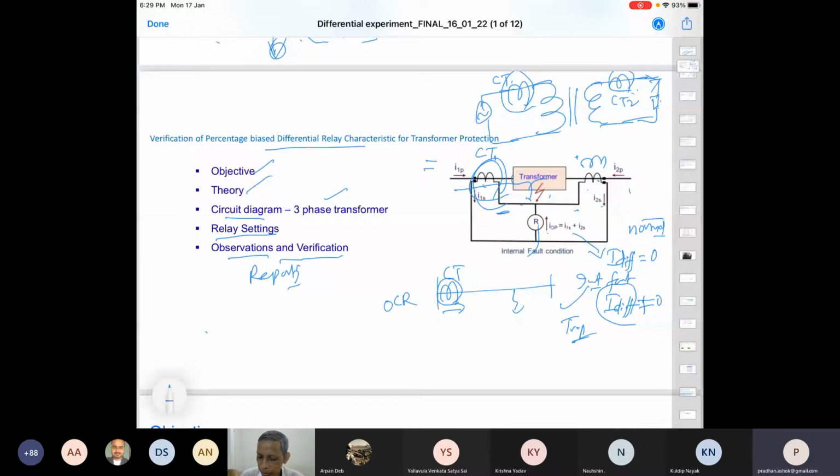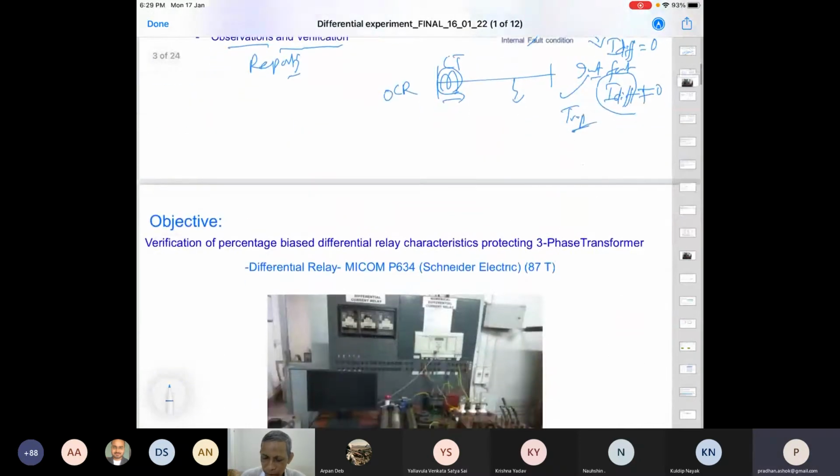We'll come to more on that philosophy. This is the approach you have to follow. The plus and minus depends on the polarity; these are all phasors. If the phasors are reversed by 180 degrees, then it becomes the other way.